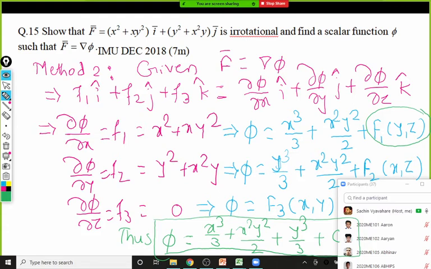If you observe the first term, there is only y, so it is not a constant. Sorry, this term contains y and z only. So y cube by 3 is a constant with respect to that, but this term contains x, so it is not a constant. So y cube by 3 is the constant for the first one. If you consider the second as a solution, we require x z, so only x and z terms, so this will become a constant there.